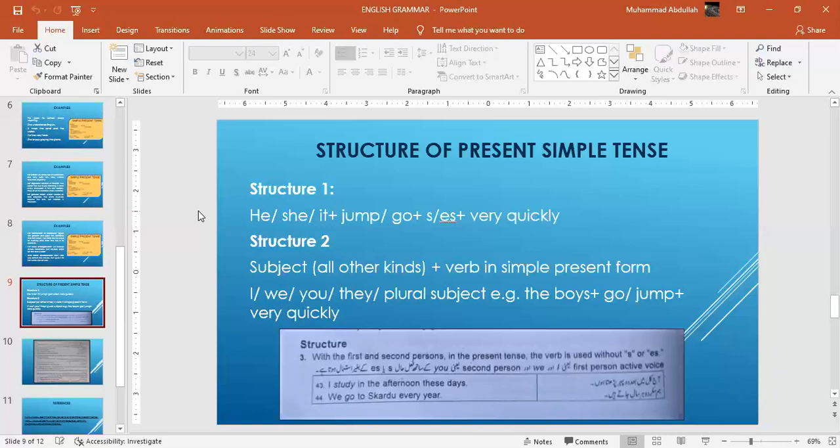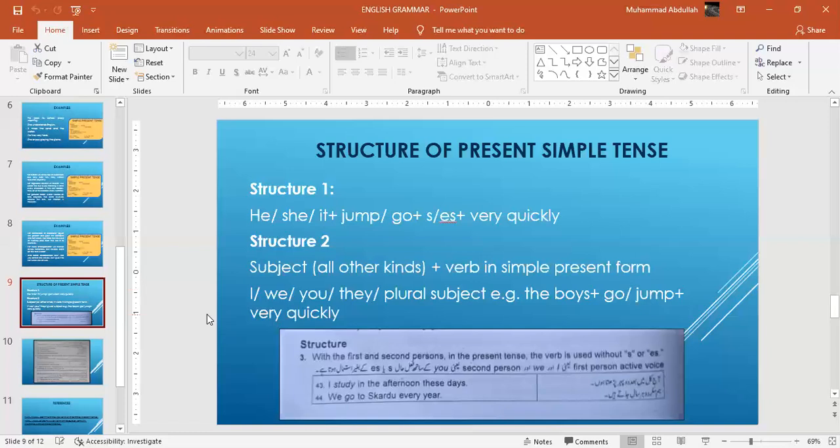For example, I, we, you, they, or the plural subject, the boys, they take first form of verb like go, right? I go, we go, you go, they go, or the boys go, or jump very quickly, right? Then comes the first form of verb, and after that we can use object. If we don't need any object, we will switch towards adverb, very quickly, adverb of manner.